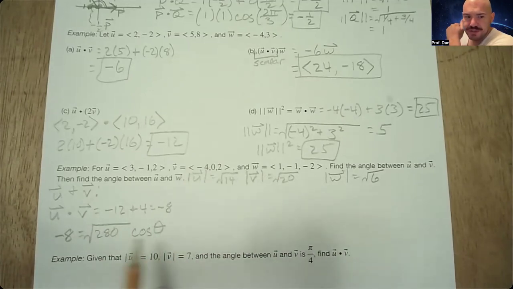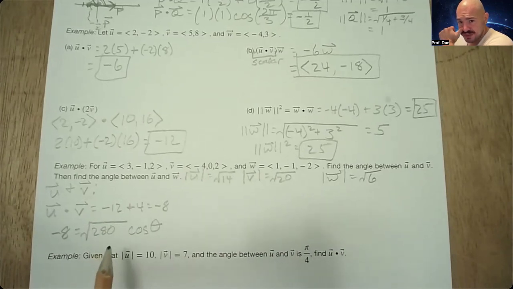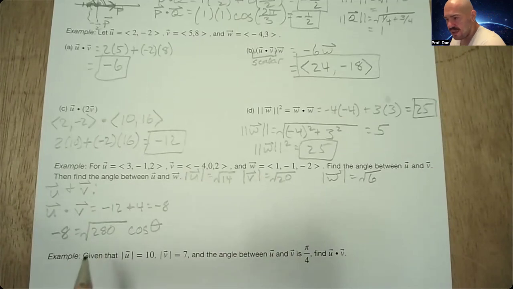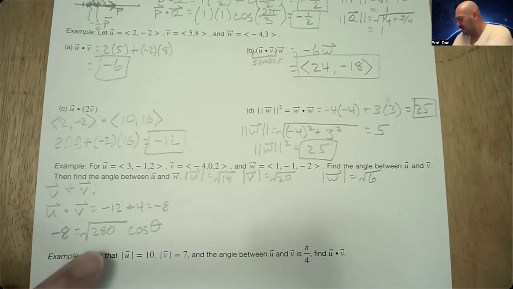This is where it would actually be very prudent for us to simplify the square root, because when we're solving trig equations, one thing that's kind of important is to be able to recognize unit circle numbers when we see them. And if I don't simplify this, I won't be able to recognize unit circle values even if there is one. So let's try and simplify that one real quick.